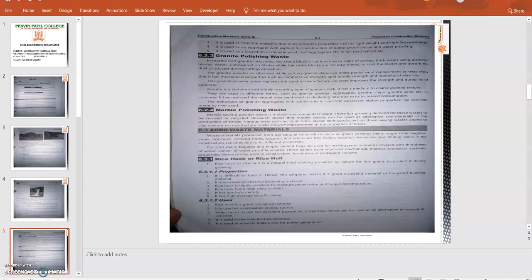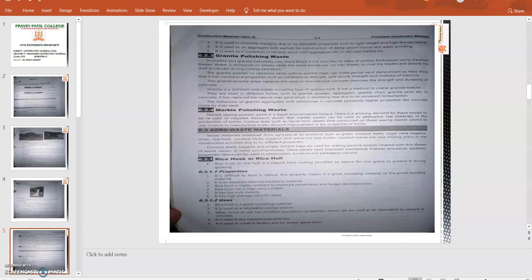The next is granite polishing waste. So this is the next material which is utilized. In marble and granite industries, raw stone block is cut into tiles or slabs of various thicknesses or various shapes and sizes. Then whatever remaining parts, that is the cut shapes or the cut sides, are called granite polishing waste.